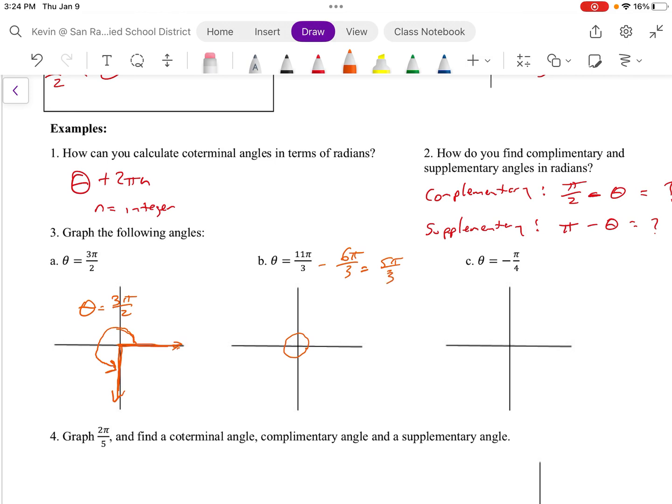So what we would be looking at here is we would start from our initial side, go all the way around once, because that's 6 pi over 3, and then keep going until we got to here, which is 5 pi over 3, because that's what's left.